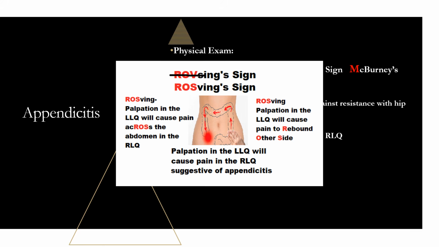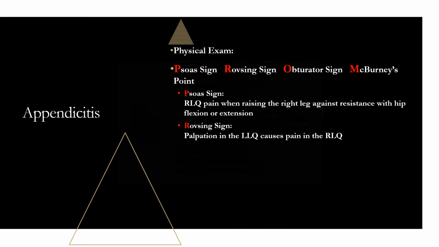You have that ROS and across. And then it also makes me think of ROS as in Rossfing. Palpation in the left lower quadrant will cause pain to rebound other side. So ROS, rebound other side, ROS across the abdomen in the right lower quadrant. That's how I remember Rovsing. I just remember Rossfing. And I remember pain in the left lower quadrant causes pain in the right lower quadrant, suggestive of appendicitis.